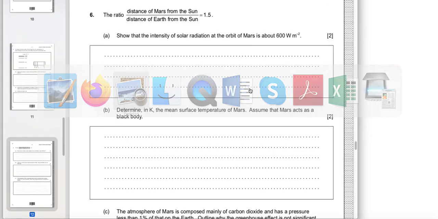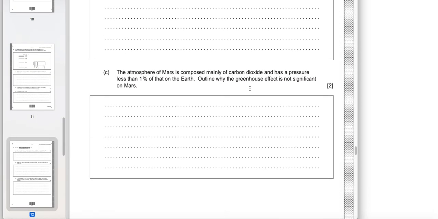And one more. The atmosphere of Mars is composed mainly of carbon dioxide and has a pressure less than 1% of that of the Earth. Outline why the greenhouse effect is not significant on Mars.